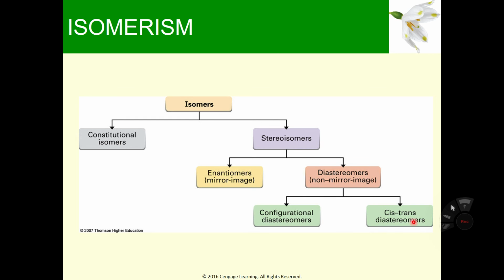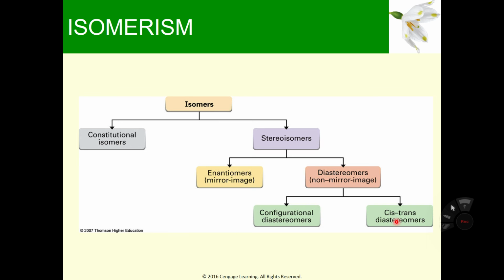Now we just learned the cis-trans isomers, and cis-trans isomers belong to diastereomers, okay? And diastereomers can be divided into configurational isomers and cis-trans isomers.